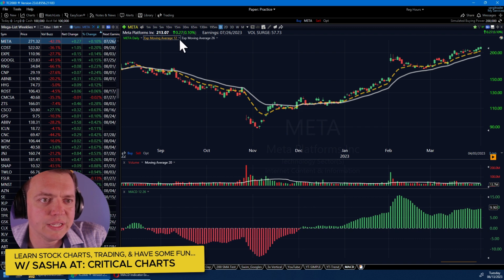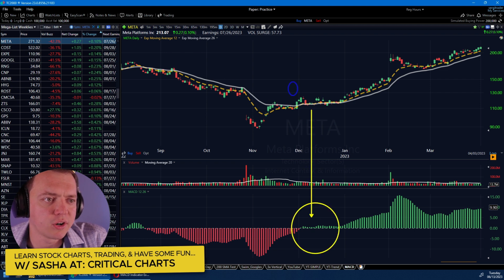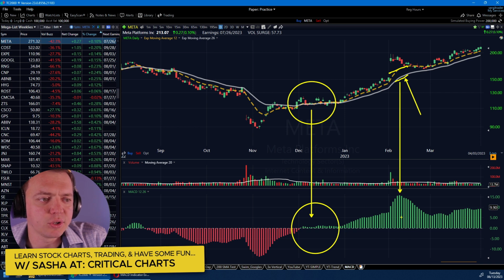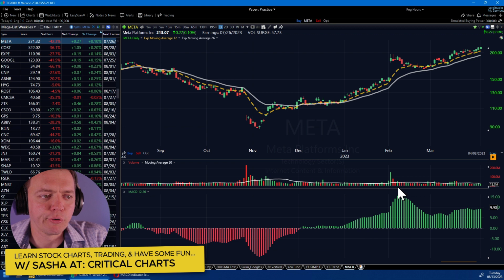So I've got two indicators here, the moving averages, the 12 and the 26, and you can see those lines on the chart. Once they cross over, you get this green effect towards the bottom. They're crossing over right around here, and you're getting this green effect. As they get further apart, you get more big green bars.